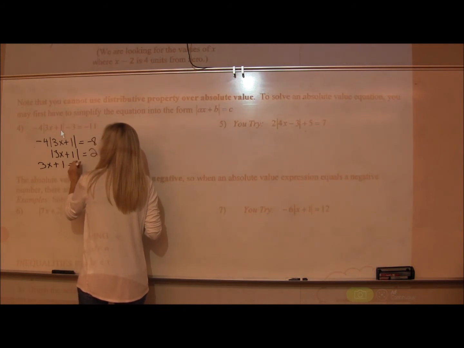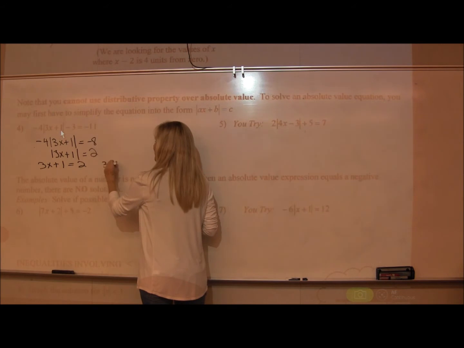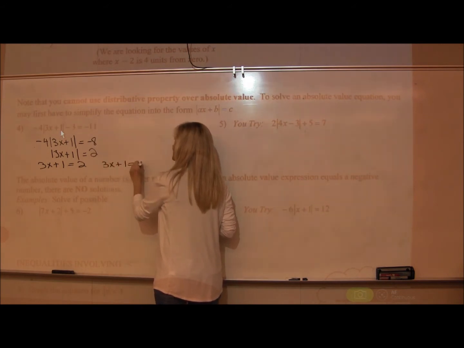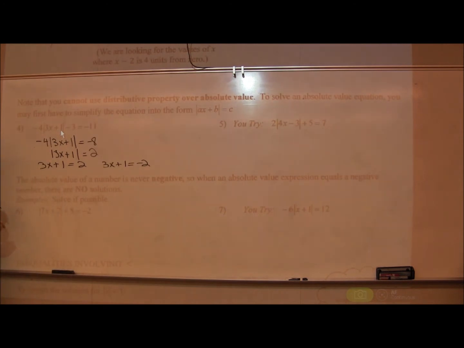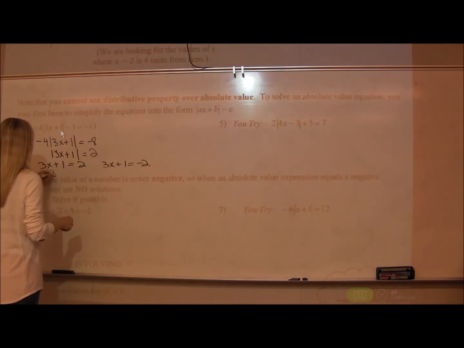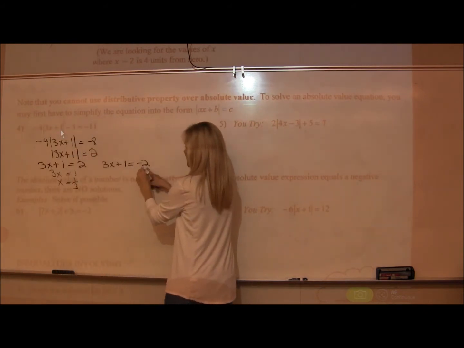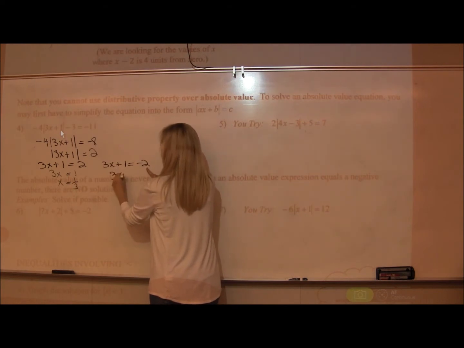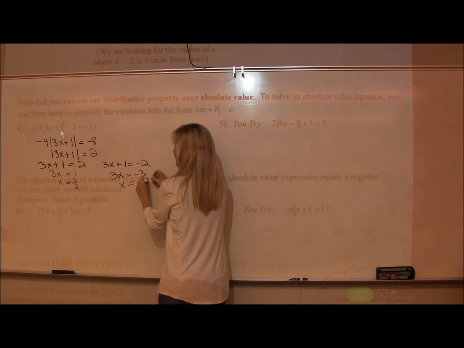So 3x plus 1 equals 2, or 3x plus 1 equals negative 2, because 3x plus 1 is 2 units from 0. So now 3x equals 1, or x equals 1/3. So we're subtracting 1 here. 3x equals negative 3, x equals negative 1, right?